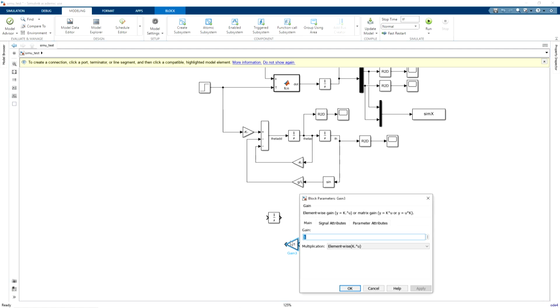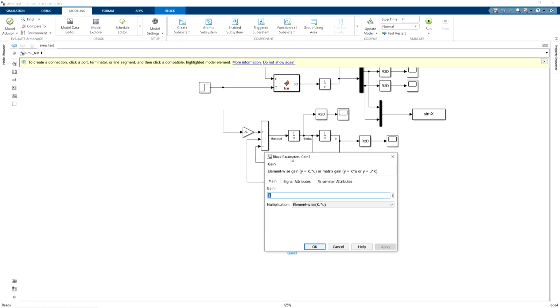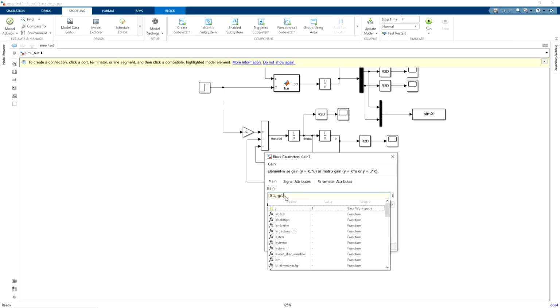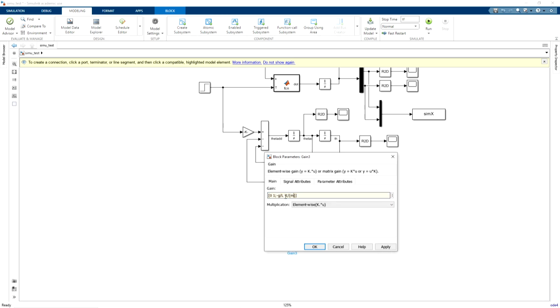Now what is the A matrix? A matrix is 0 1, semicolon, minus g by l, minus c divided by ml square, m into L square.